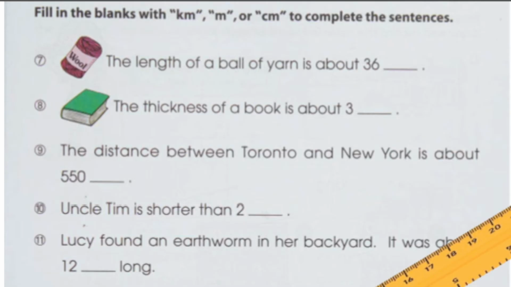The length of a ball of yarn is about 36 centimeter. The thickness of a book is about 3 centimeter. The distance between Toronto and New York is about 550 kilometer.